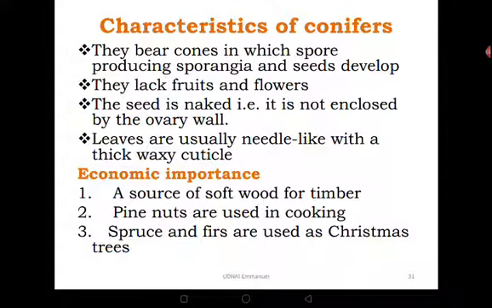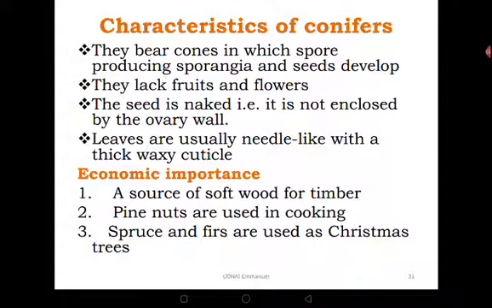Otherwise, they are not supposed to bear flowers. They don't bear flowers, but they bear cones that have seeds inside. The seed is naked. What does that mean? It's not enclosed by the ovary wall, meaning they do not have fruits that cover the seeds. So the seeds are naked.